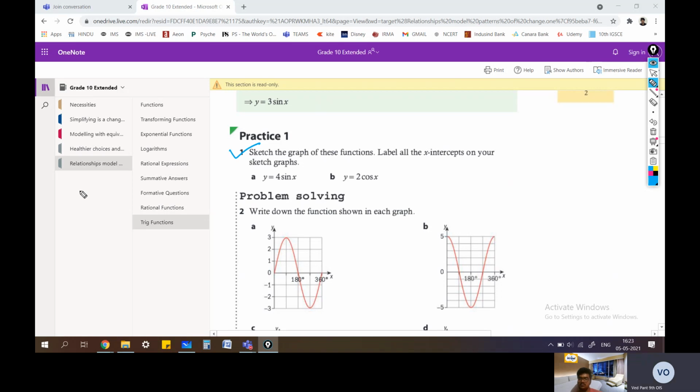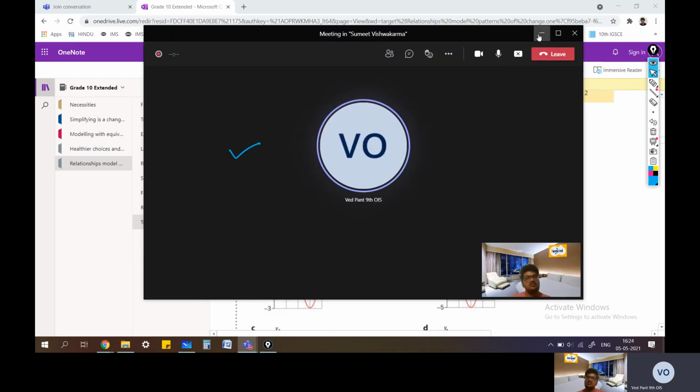So the x-intercepts for 4 sin x are 0 and pi, then 2 pi, 3 pi, 4 pi, and so on. 180, 360, like that. Exactly. And for 2 cos x, the intercepts are pi by 2, then 3 pi by 2, 5 pi by 2, 7 pi by 2, 9 pi by 2, 11 pi by 2, and so on. You're using a calculator? Don't use the GDC.